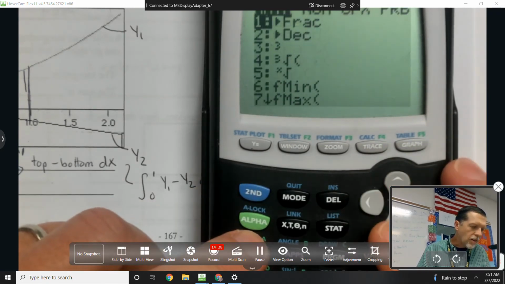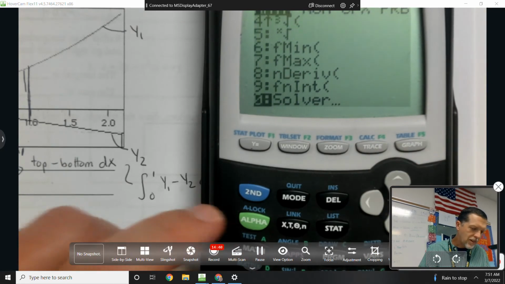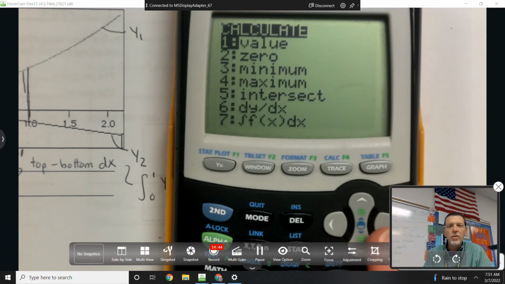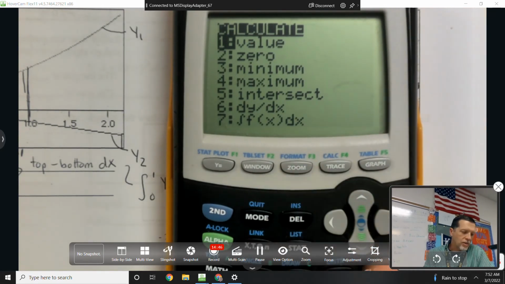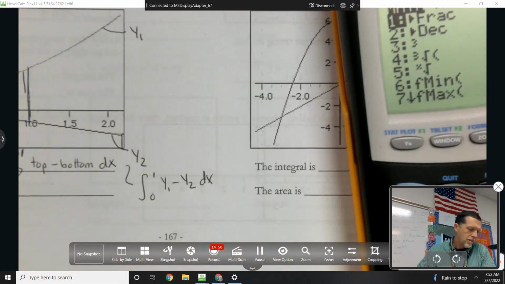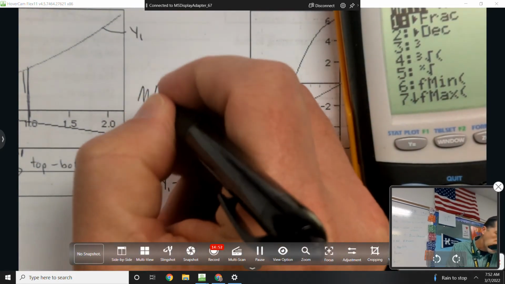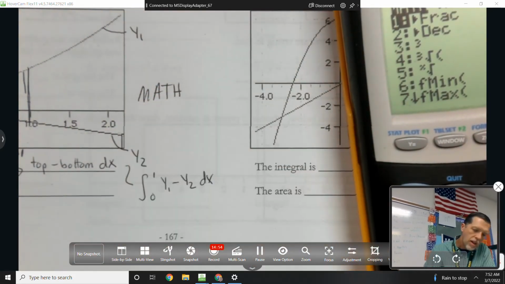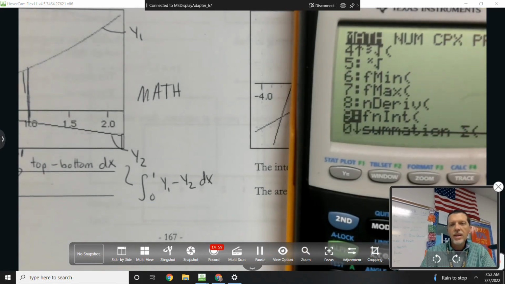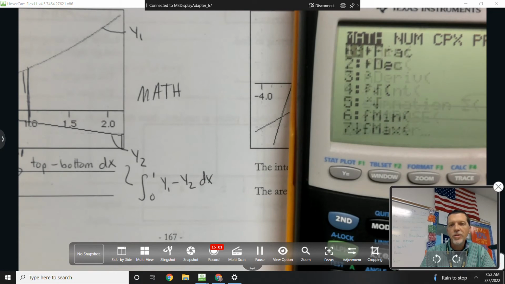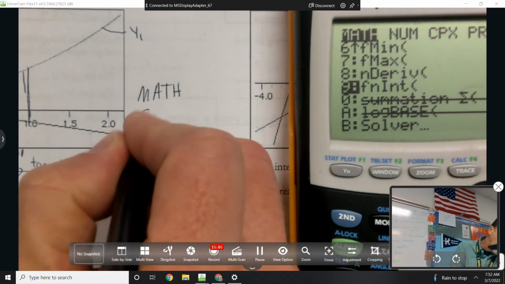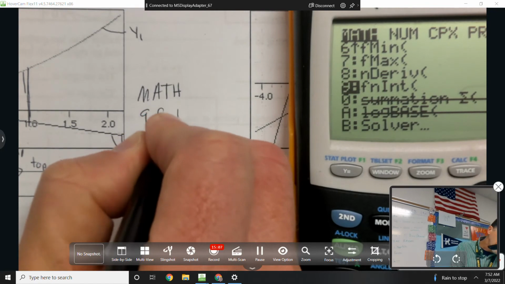Nope, there it is. Alright, second calc is when you want to do something on the graph. Those are graph buttons. I don't want to see this on the graph. So go to math. And then option number 9. I don't know why some of those are marked out on this calculator, but we don't need those. Option 9 is function integration.